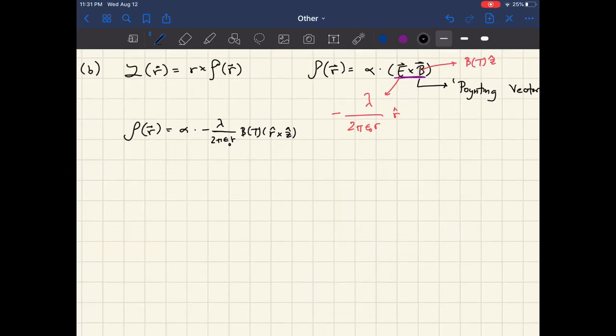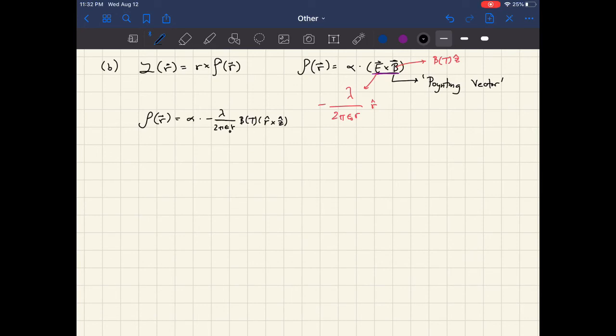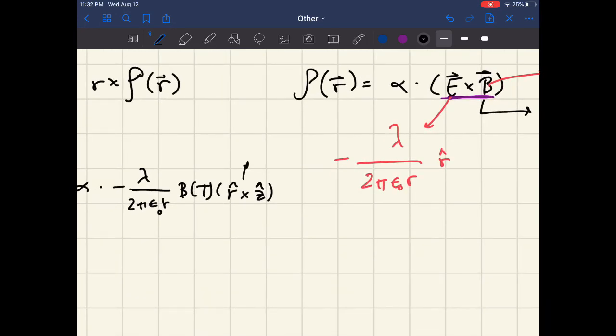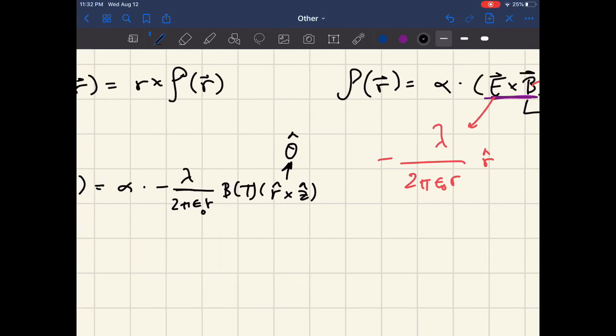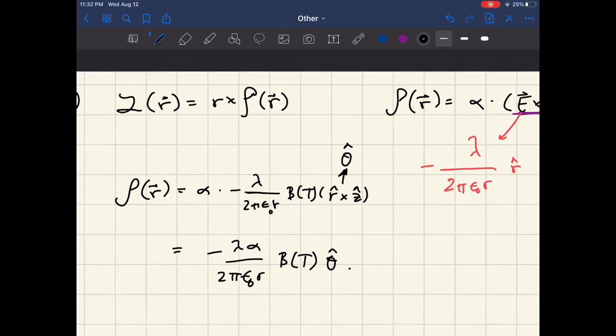Now, you may want to familiarize yourself with these cross products of basis vectors, and what this gives you is your theta hat vector, which is your second basis vector in polar coordinates. So exactly what's happening is that p of r is equal to negative lambda alpha over 2 pi epsilon naught r times B of t times theta hat. So that's exactly what's happening here.